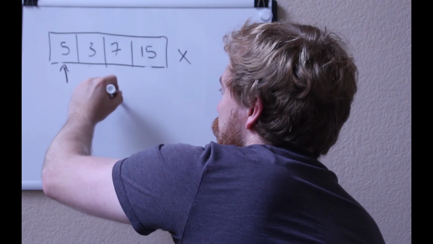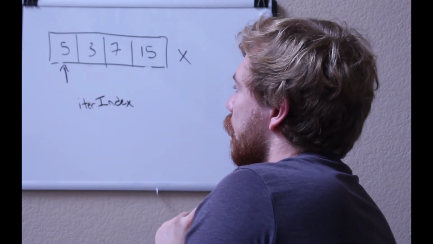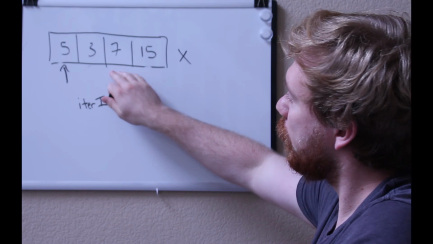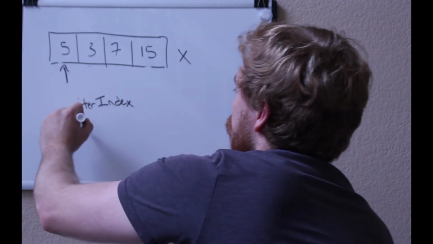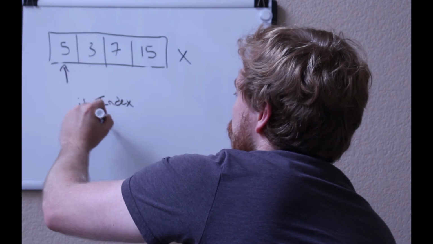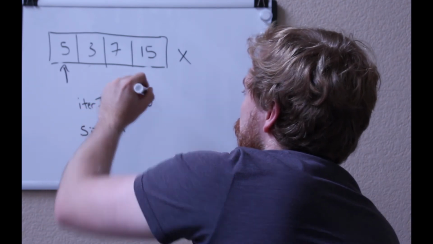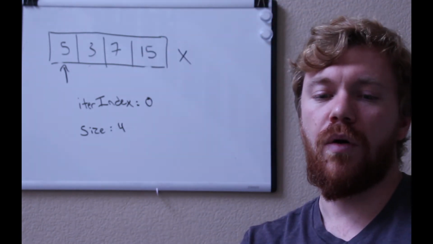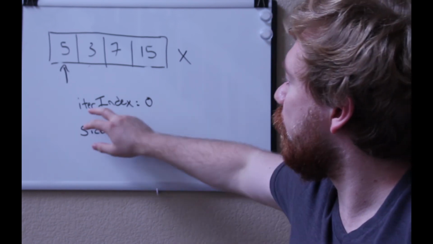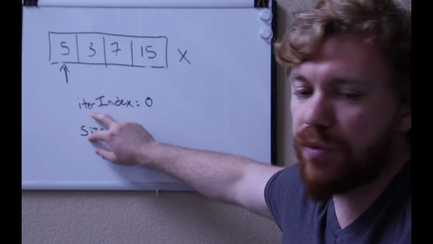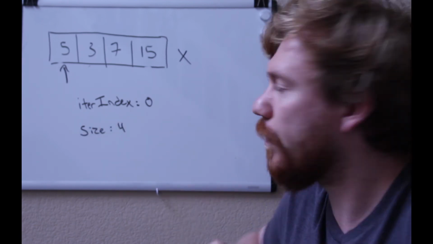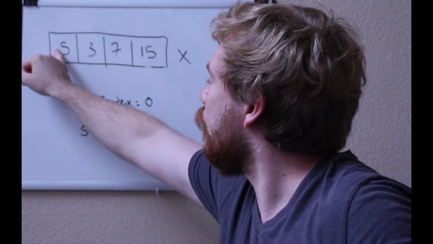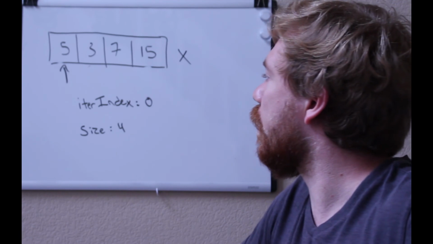Currently it's 0, and the size is currently 4. So size equals 4, iterIndex equals 0. We're trying to figure out what conditions, using these two variables, will return the appropriate value in our hasNext method. If we call hasNext while currently referencing this spot in our array, it should return true.